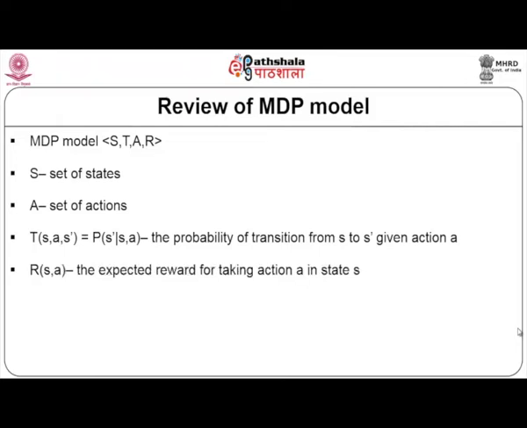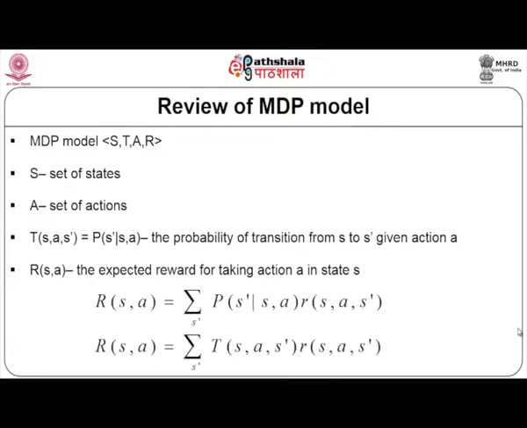Then you have R(S, A), the expected reward for taking action A in state S. So, you have the set of states, the set of actions, the probability of transition to S dash given the state and the action, and the expected reward for taking action A in state S. This is called the Markov decision process model.